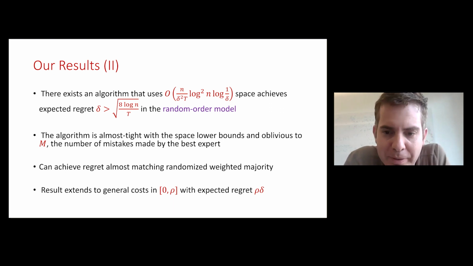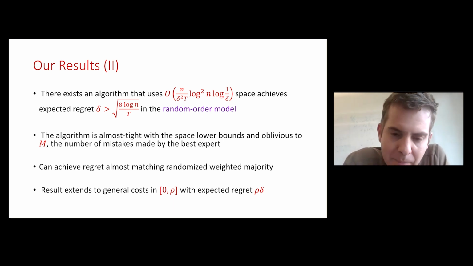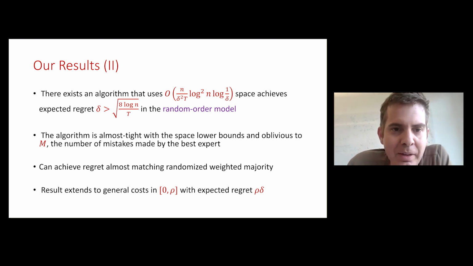It goes all the way down to the information theoretic limit. It generalizes to non-binary costs. So not just if you're wrong or right, but you have some real costs between 0 and rho, and you get a regret which grows as rho delta. Let me not get into that. So this is tight for random order model.